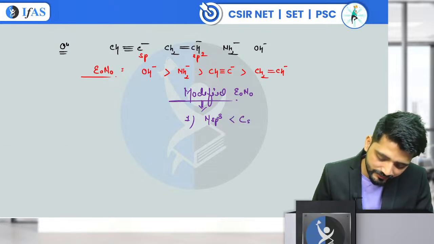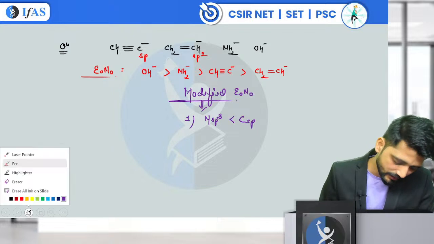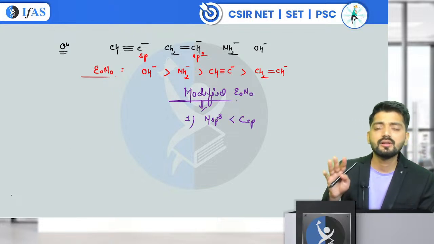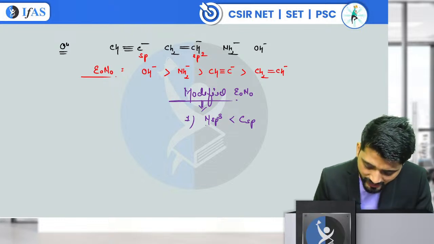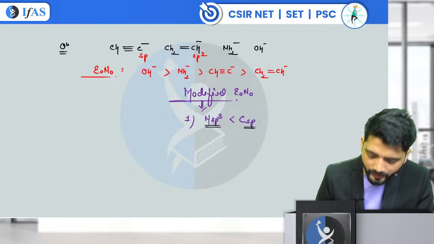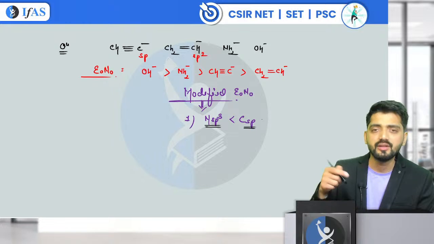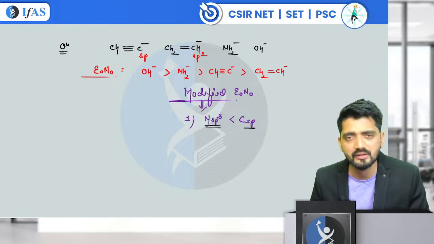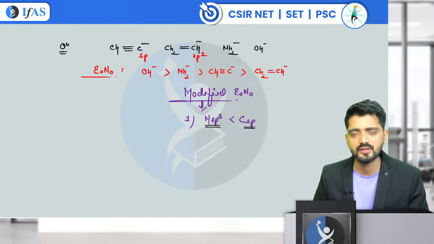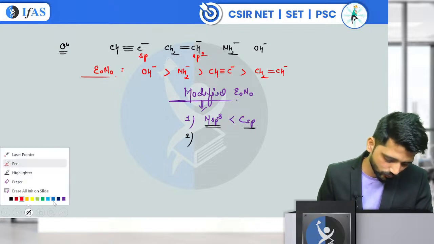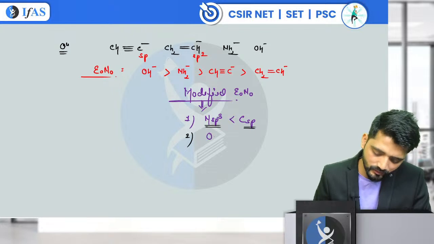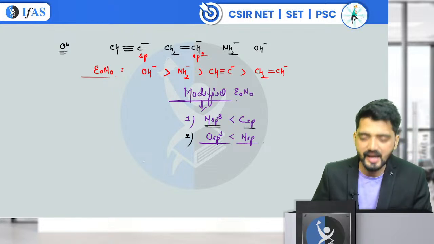Remember, it is less electronegative than any carbon. In general, what we study is nitrogen center is more electronegative than carbon, but if we have hybridization contribution also, sp hybridized carbon defeats nitrogen which is sp3 hybridized in electronegativity terms. And the second point which is important is, similar to nitrogen and carbon, oxygen which is sp3 hybridized is going to be less electronegative than a nitrogen which is sp hybridized.